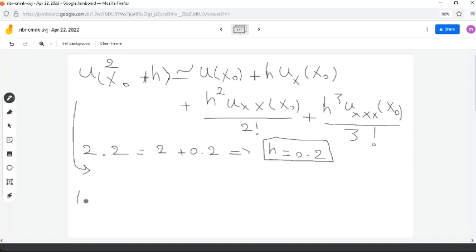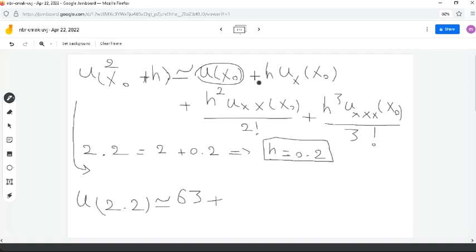u at 2.2 is approximated by u of x0 at the last page. We obtain that u of 2 is 63, okay?